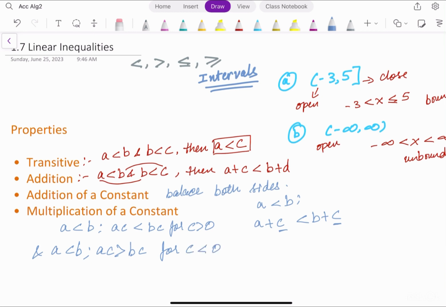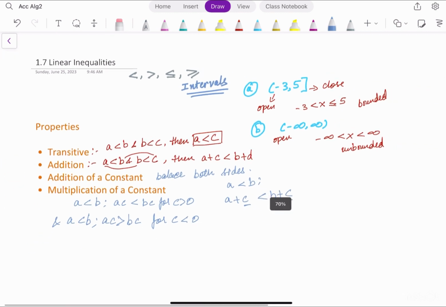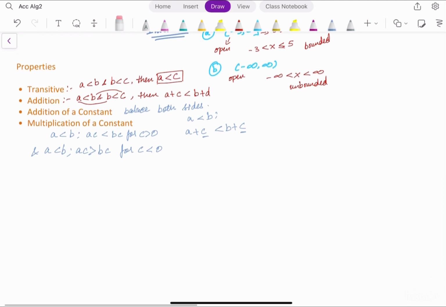The reason is this: whenever you multiply or divide with a negative number, the inequality flips. So keeping this in mind, let's take one example and we will try to solve it algebraically, but you can also solve it graphically as well.